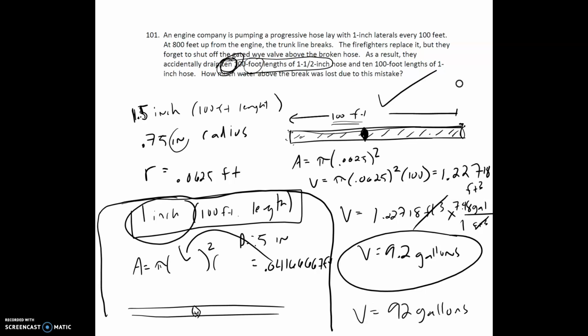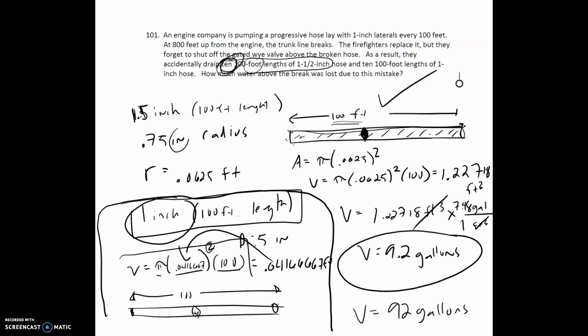And then we would multiply that by 100. So we're just doing the 100 length hose. If I multiply it by 100, then the area becomes three-dimensional, becomes the volume.